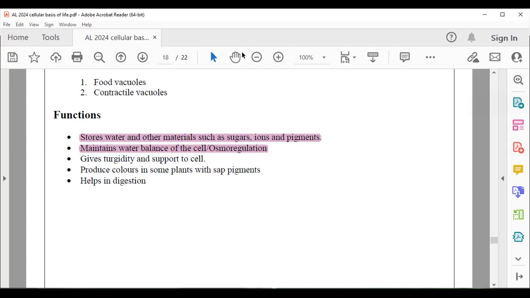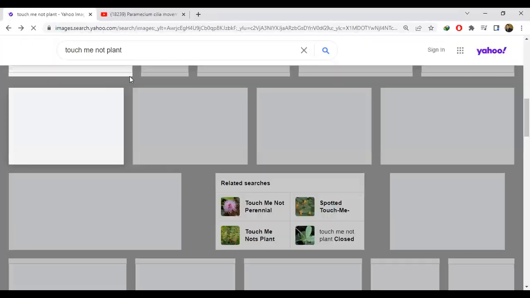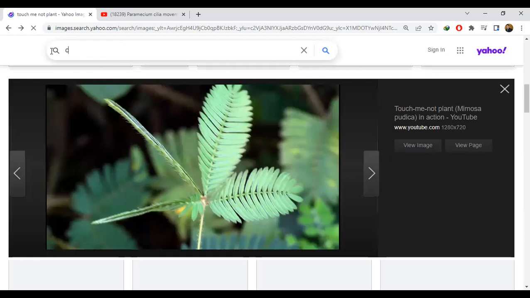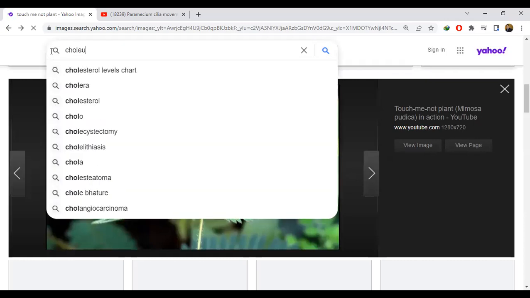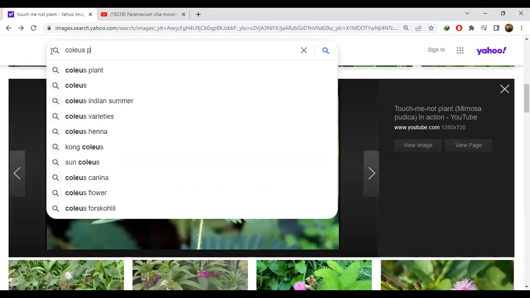The last one is producing colors. In plants you will see many colors, but not all are due to these pigments. Do you know the coleus plant?